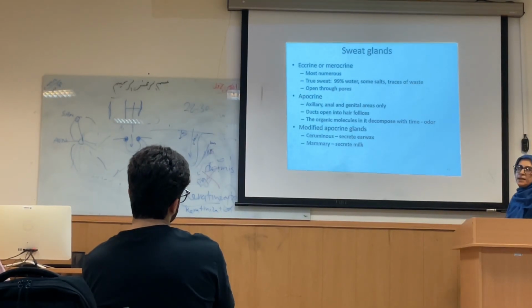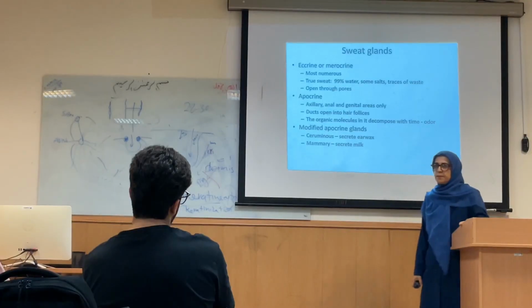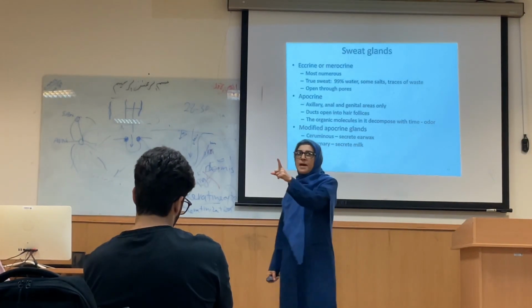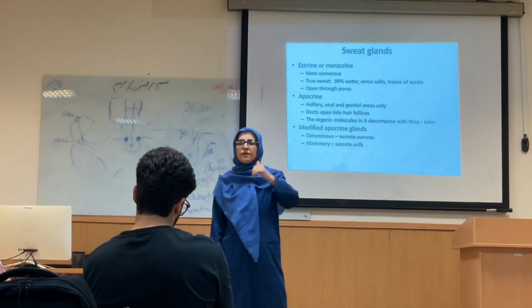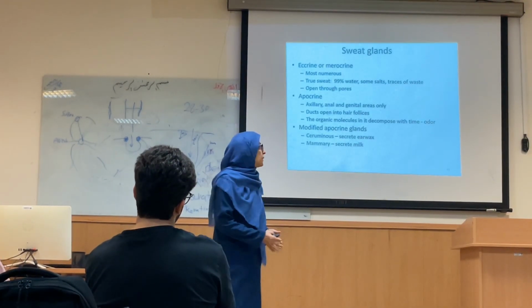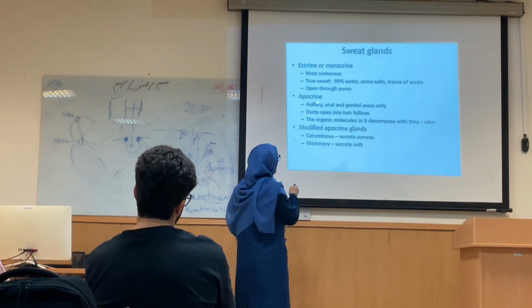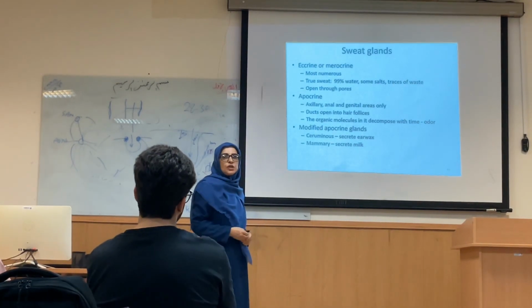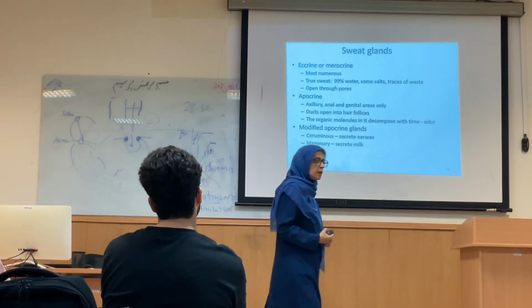Apocrine sweat glands. What is the apocrine model? The apical part of the cells is also removed with the sweat. Where are these apocrine glands? They are in the axillary and external genitalia.